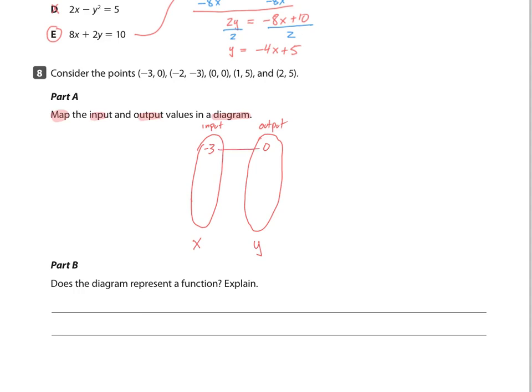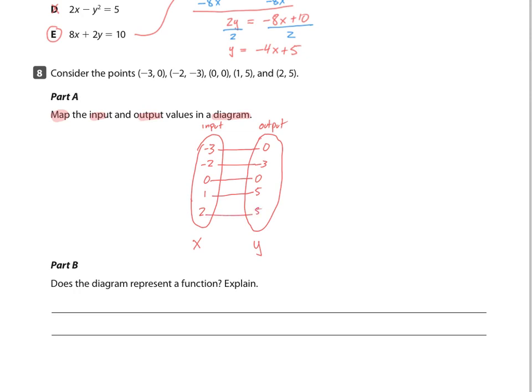The next number is -2 and -3, and you make a line. 0 and 0, and you make a line. 1 and 5, and you make a line. And the last one is 2 and 5, and you make that line.